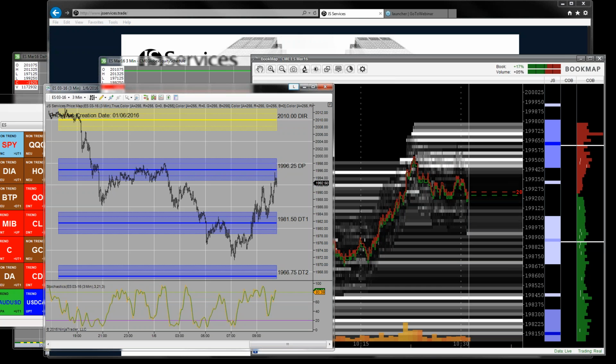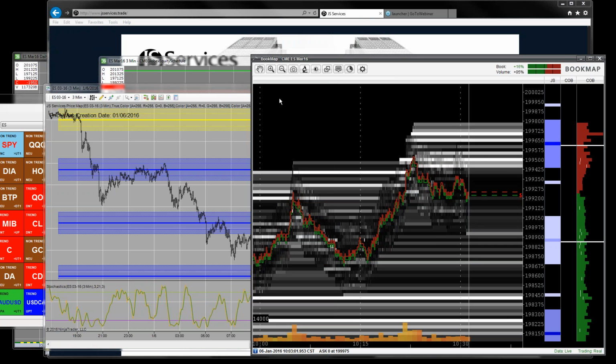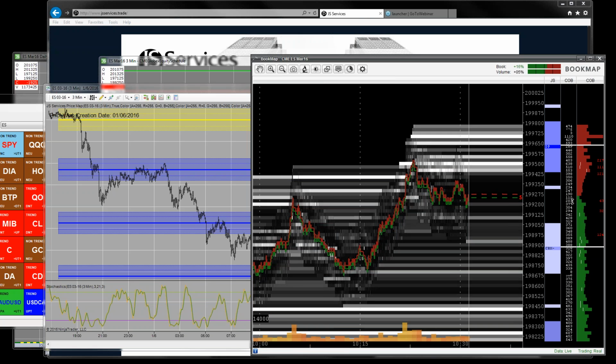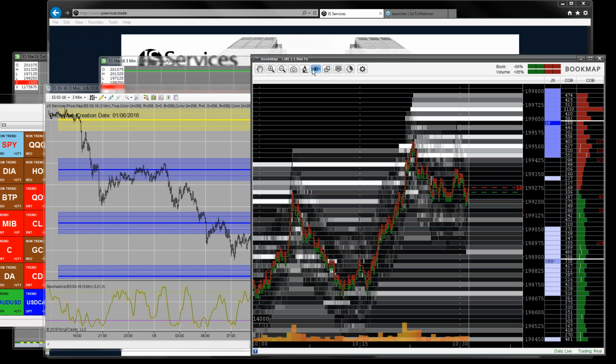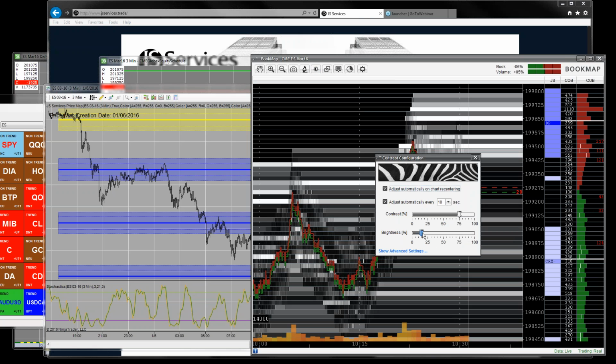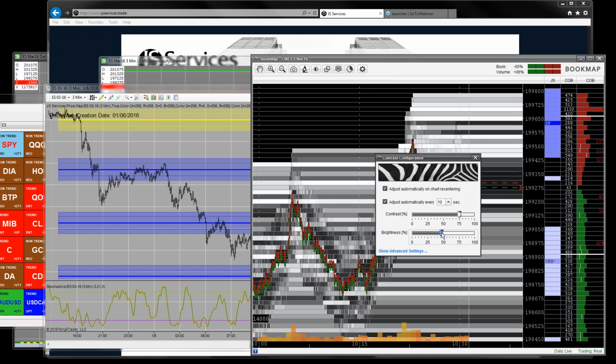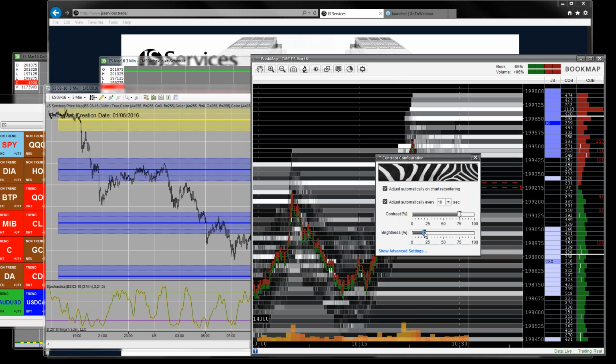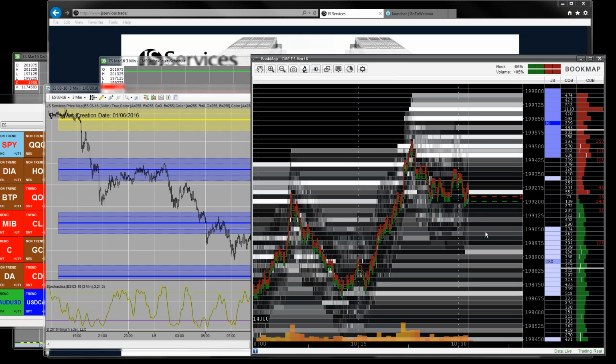I've got resting paper here, and I have this dark area. In the BookMap, what I like to do is keep my brightness way down because I want to really see where the bigger paper is, and then I move my contrast way up. At the moment we're looking for this to happen.